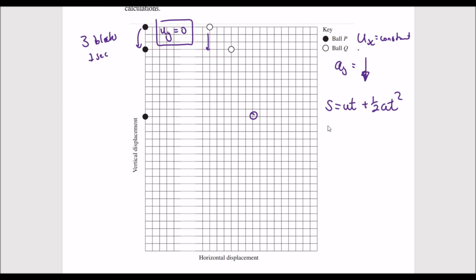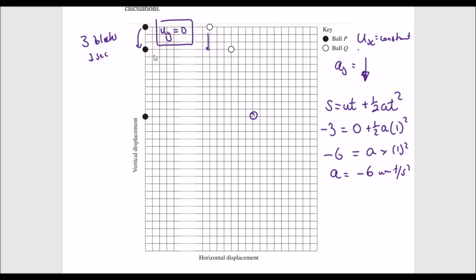So if we substitute that in, we have -3, so it's going down by 3, equals 0 plus half a, and then 1 squared for 1 second, okay? If we move the 2 over, that means it's 6 equals a times 1 squared, which obviously just means a is equal to -6 units per second squared. Units being the blocks that we're referring to. Okay? So that's what we have there.